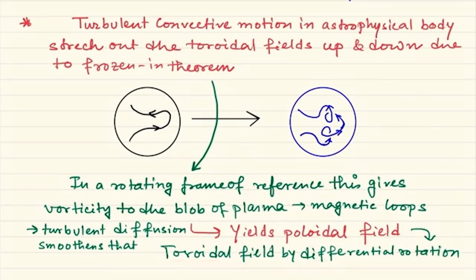So this is the whole story of the turbulent dynamo, and some people also call this the alpha omega dynamo. This is just for vocabulary, although the proper analysis of the alpha omega dynamo is not discussed here, and it is analytically much more rigorous.